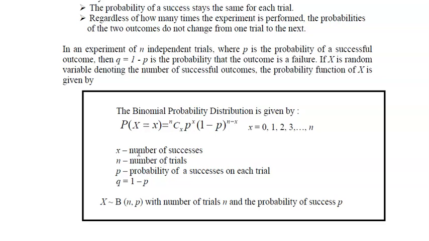Here, x is the number of successes, n is the number of trials, p is the probability of success, and 1 minus p is of course the probability of failure. So this is the notation for the binomial distribution. This is quite important for you. What is n, what is p? n we already said is the number of trials, and p is the probability of success.